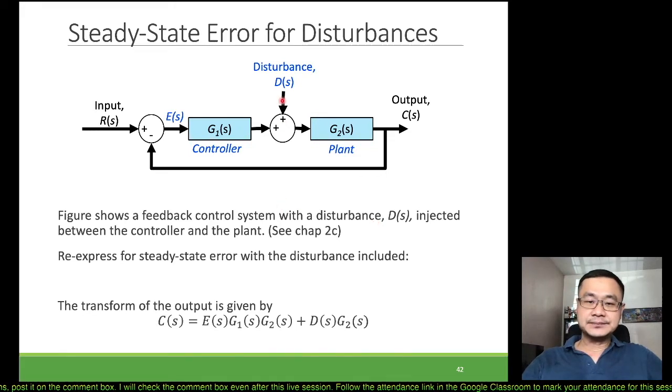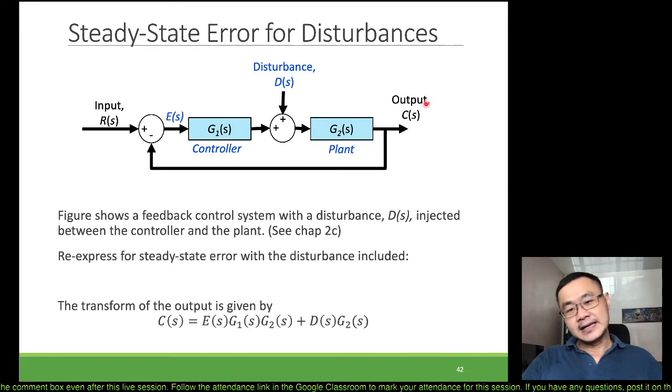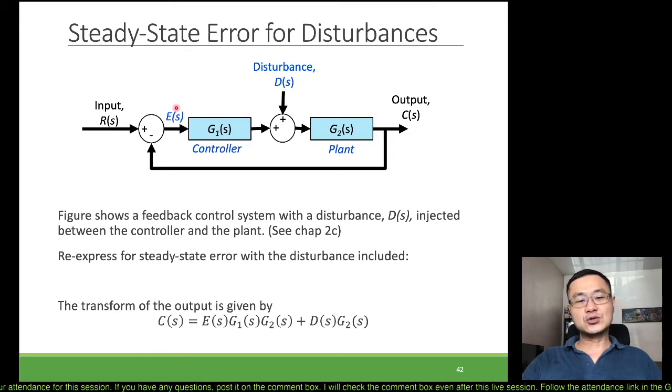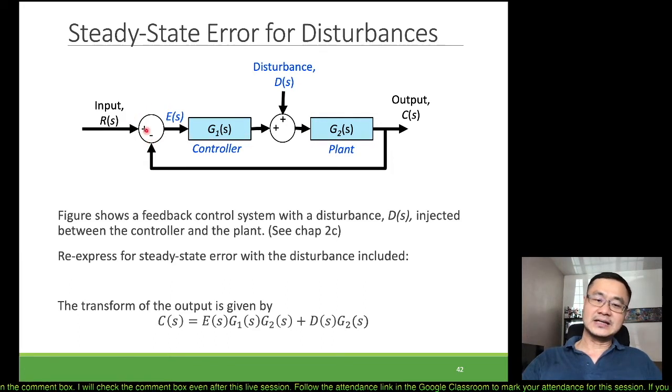So here, as we can see, the output itself is basically the summation of two signals. The first one is from the input, which is subtracted by the signal from the feedback, so we have this error.